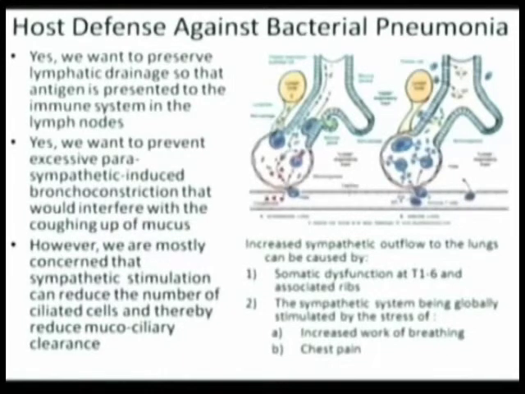Certainly when you have chest pain at the same time that you can't breathe, it also increases the sympathetic stimulation. So that when we are doing osteopathic manipulation for bacterial pneumonia, we want to make sure that we've taken care of somatic dysfunction at T1 through 6, we've decreased the work of breathing, and we've treated any chest pain that might be going on concomitantly.